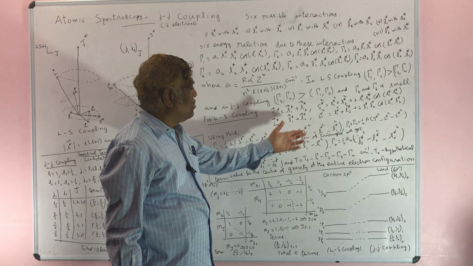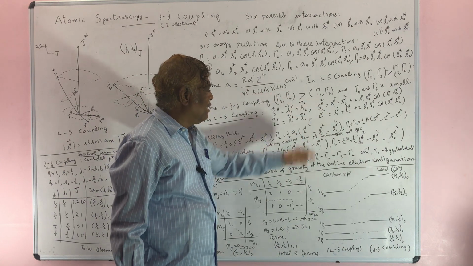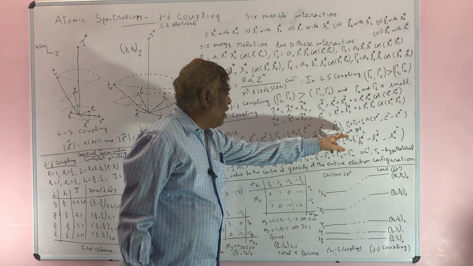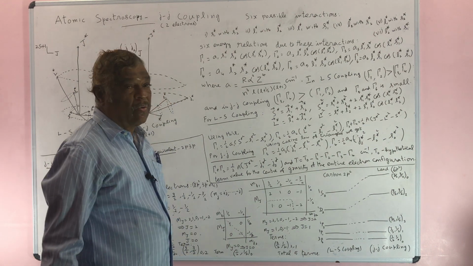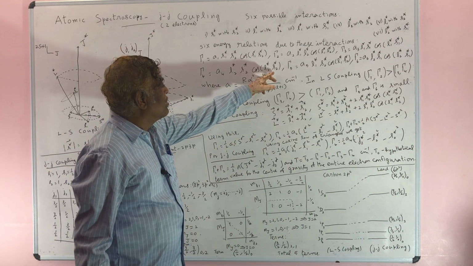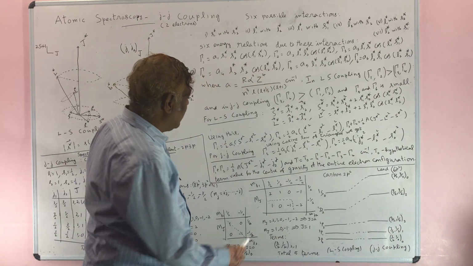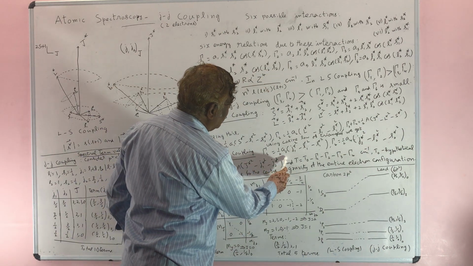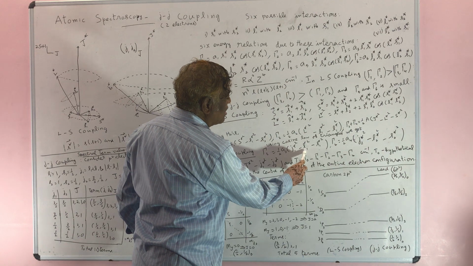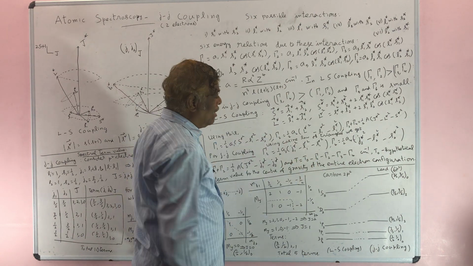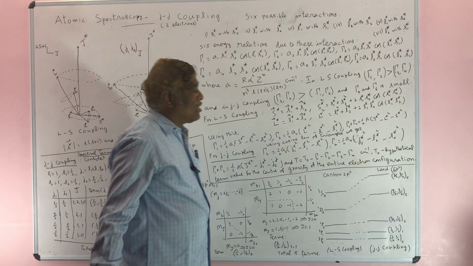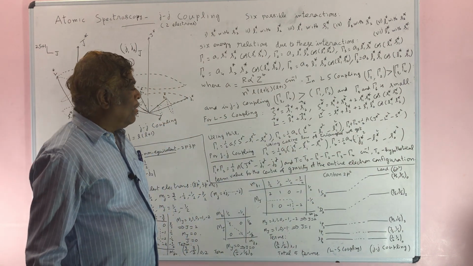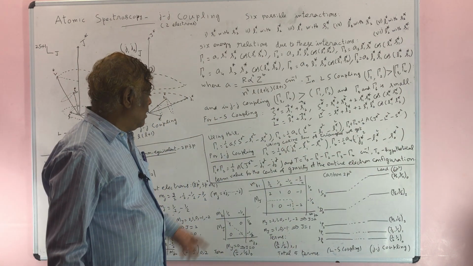Using the same trick, you can find the cosine of the angle between L1 star, S1 star, and the cosine of the angle between L2 star, S2 star. Then you can get gamma 3 is equal to half A3 into J1 star square plus L1 star square plus S1 star square, and gamma 4 is equal to half A4 into J2 star square plus L2 star square minus S star square.